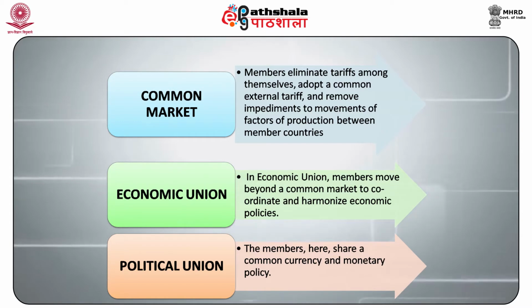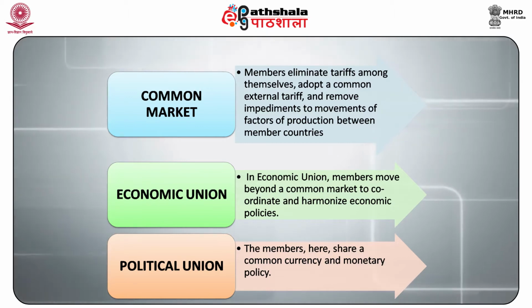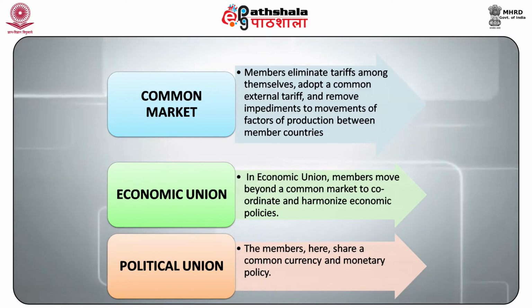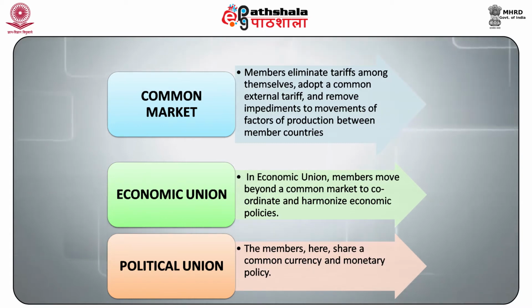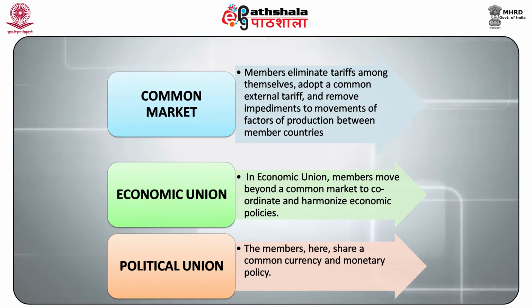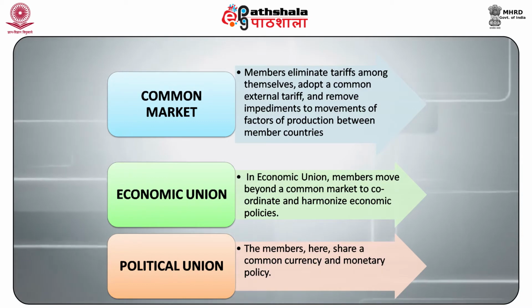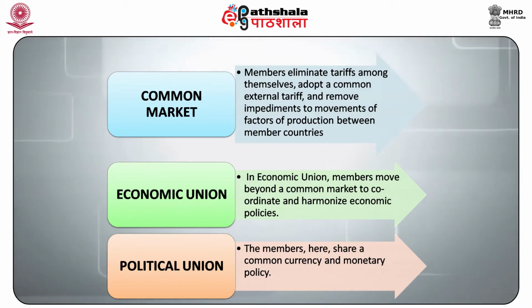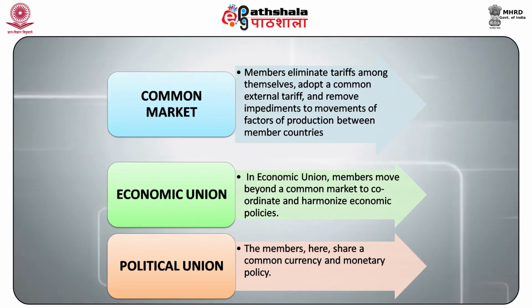Then we have the economic union. The members of an economic union move beyond the common market to coordinate and harmonize economic policies. The European Union is one of the prime examples of such an economic union. The economic union would also often consist of a monetary union where there is a common currency area.